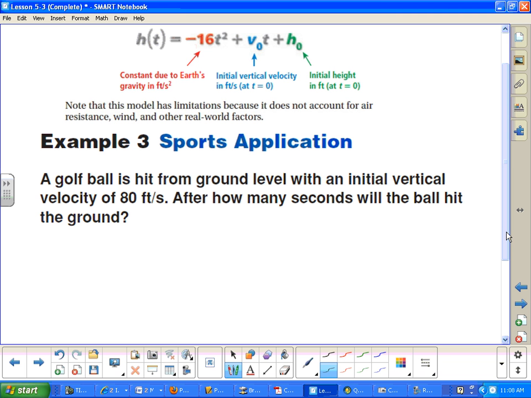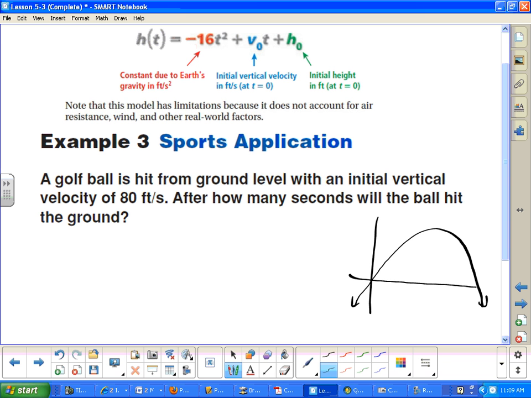Okay, so everybody knows what the path of a golf ball looks like, right? Guy hits the golf ball, it goes out, comes back down. So the path of the ball follows somewhat of a parabola, a quadratic function.